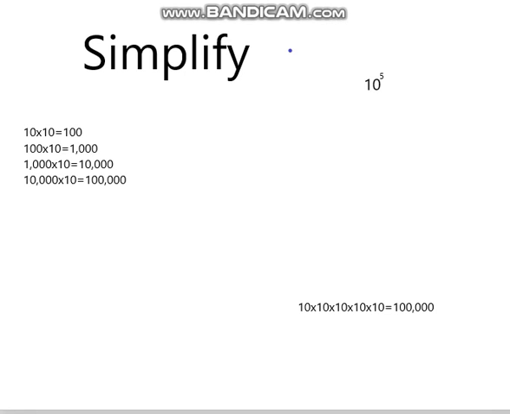Or no, 10 times 10 times 10 times 10 times 10, so it's 10 times 10 times 4, which would be: 10 times 10 is 100, 100 times 10 is 1,000, 1,000 times 10 is 10,000, 10,000 times 10 is 100,000, and it would go on like so if you had a higher number other than 5 right there. So you just add that 0 every time. So that's pretty simple to do. It's just break it down and then build back up.